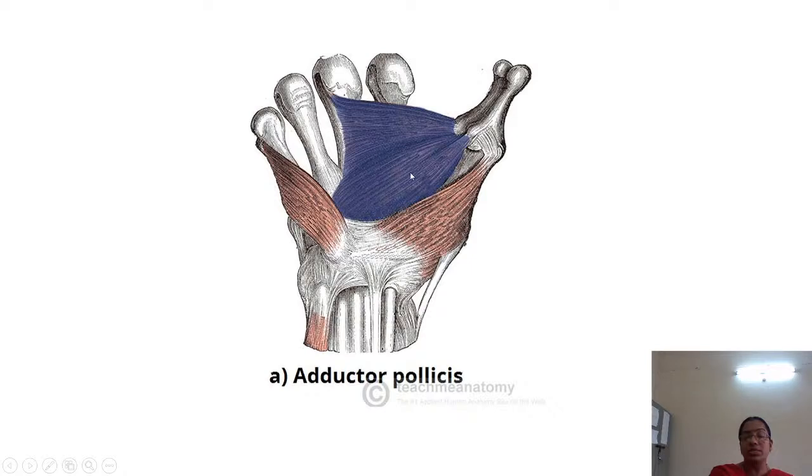The transverse head originates from the third metacarpal, whereas the oblique head arises from the bases of the first and second metacarpals along with the carpal bones. It inserts into the proximal phalanx of the thumb. So there is one more muscle, the adductor pollicis.